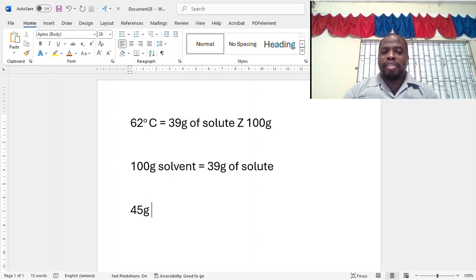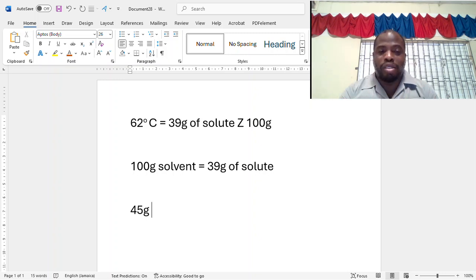And even with this, guys, you can look at this. So when I have 100 grams of solvent, which is water, I am able to dissolve 39 grams of the solute. Would I need more or less solvent to dissolve this 45 grams?